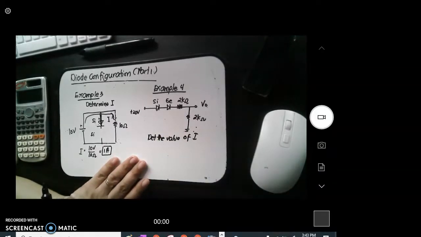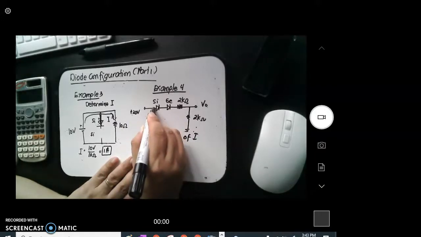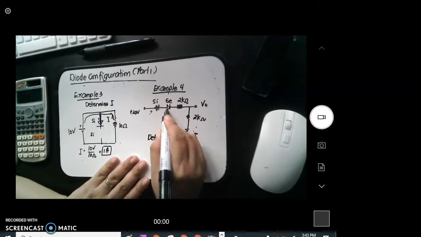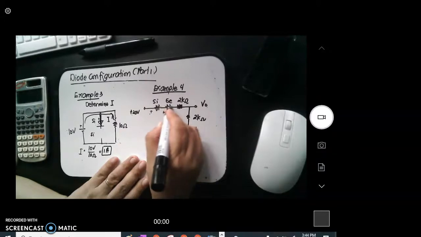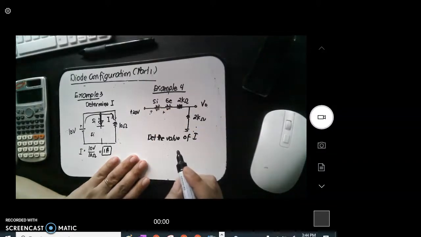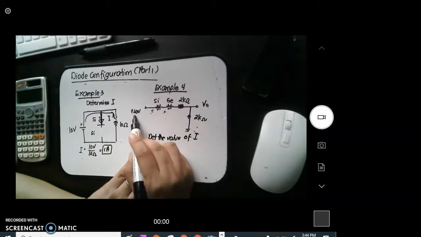So, let's now solve the current I for this circuit. But first, we have to consider whether your diode is in forward or reverse bias. This is your anode, and that is positive, so your diode is forward bias. This is the anode of your germanium, and that is your 20 volts, so this is also forward bias. Okay? So, meaning to say, the silicon operates, germanium operates because it received a positive voltage.